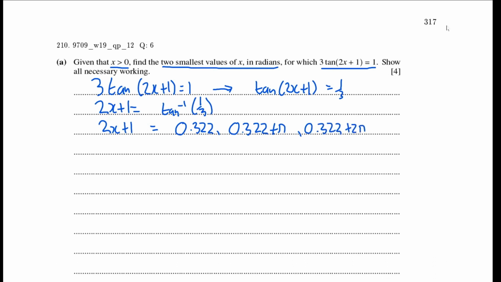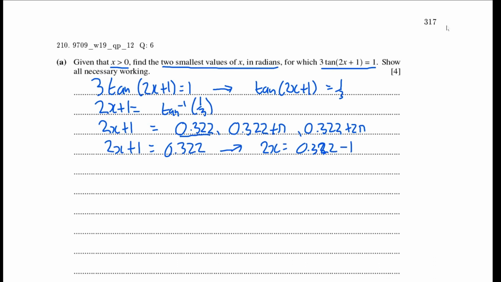Okay, we'll just pause there for a sec. So what next? Let's focus on this one and let's rearrange. So 2x plus 1 is equal to 0.322. And then just an arrow there to indicate the next step. So then I'm going to get 2x is equal to 0.322 minus 1.